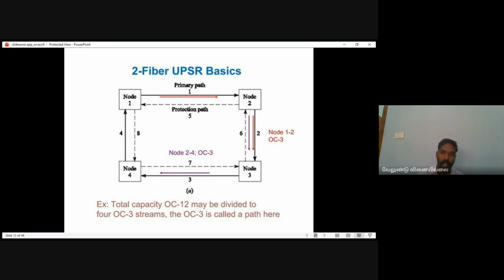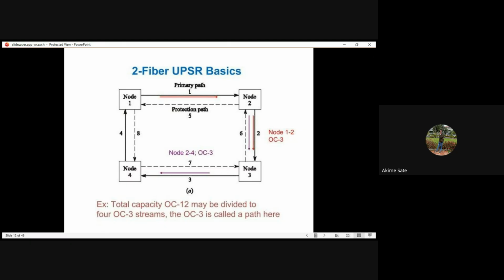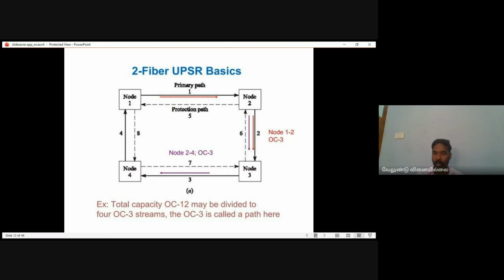Yeah, it is mesh topology, or as a mesh topology we can also say ring, because it is completely a loop. So we can say it is completely a ring topology, because wherever it started, it ends at the same point. So it's a ring topology. We can say that it is self-healing.